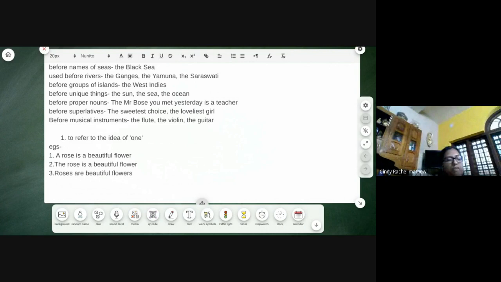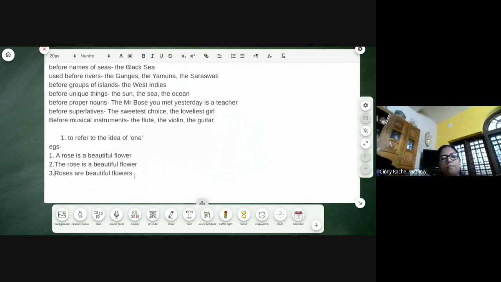I hope this is clear. A rose and the rose and roses.